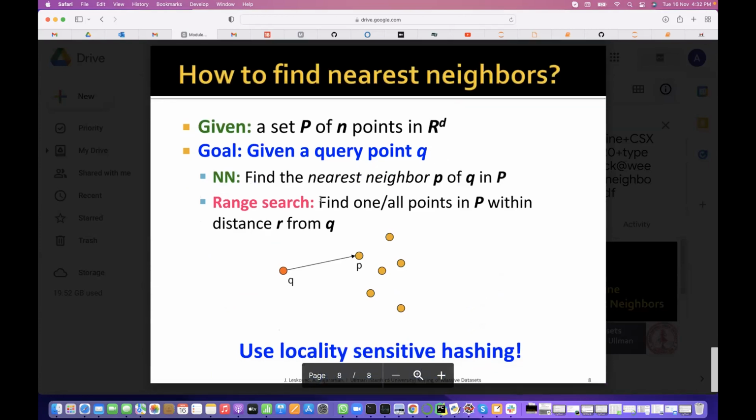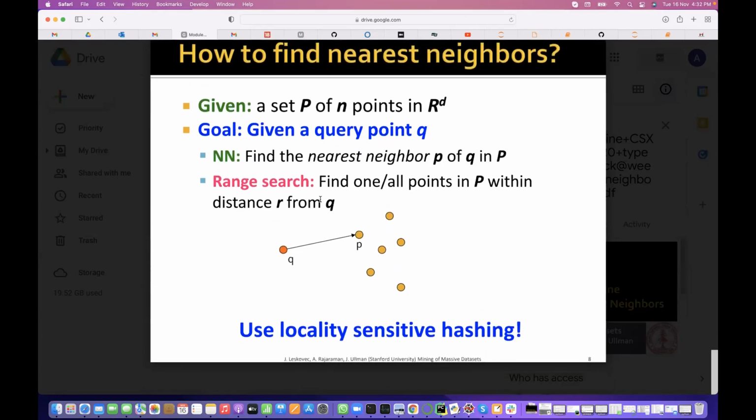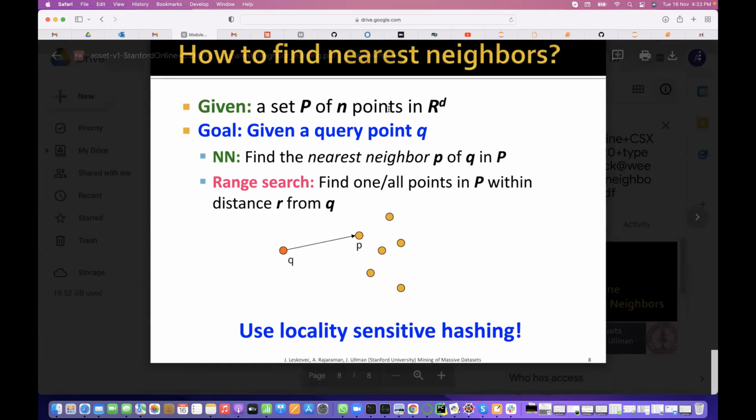So how to find nearest neighbors? Given a set P of n points in R^d, the whole question is finding nearest neighbors. Once you find the nearest neighbors, predicting the class or regressing the value is easy. So given a query point q, find the nearest neighbor p of q in P. Range search: find all points in P within a distance r from q.